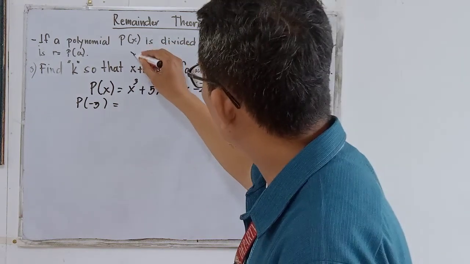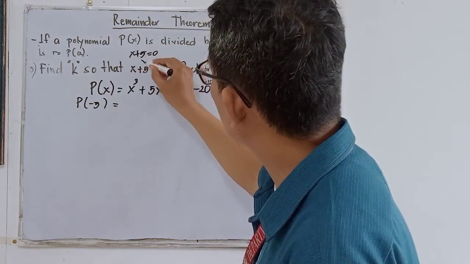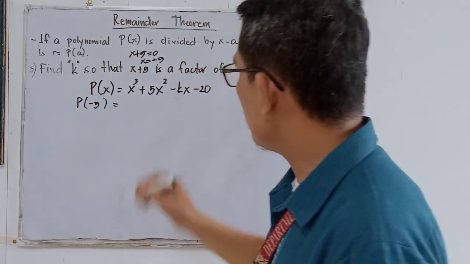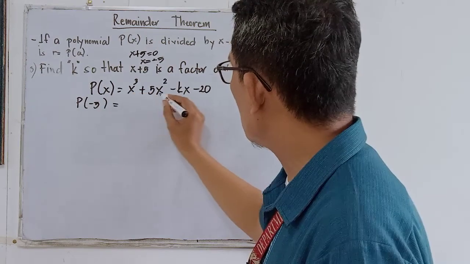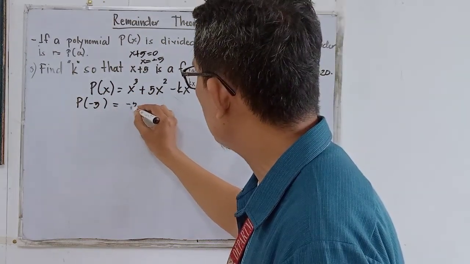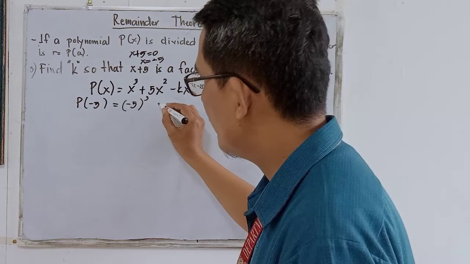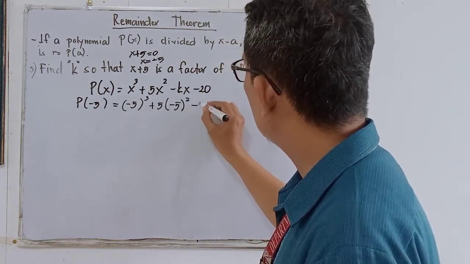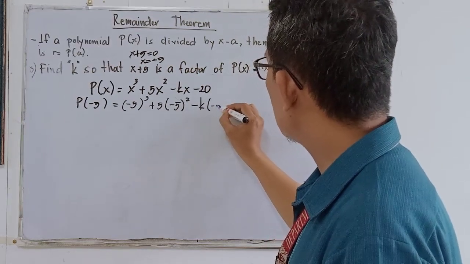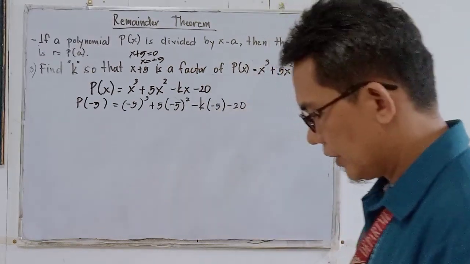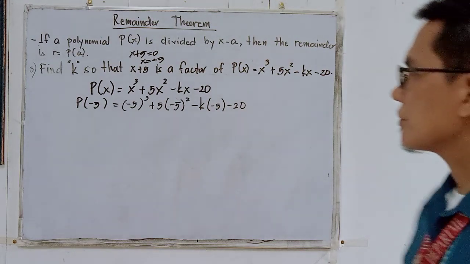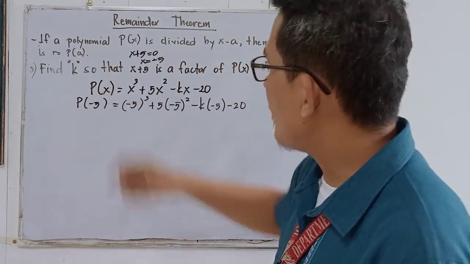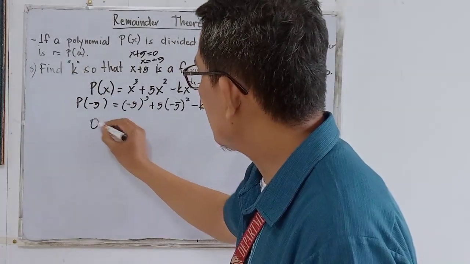After we have solved x plus 5 equal to 0, therefore x is equal to negative 5. Let us exchange all the x's with negative 5. This is negative 5 cubed plus 5 times negative 5 squared minus k times negative 5 minus 20. Then we simplify now. Remember that p of negative 5 is a factor, so therefore this is 0 here.